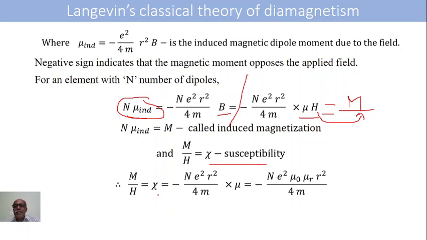Therefore, susceptibility chi is equal to M by H, that is equal to minus n e square r square by 4m multiplied by mu, or that will be equal to minus n e square mu naught mu r r square by 4m, where mu is equal to mu naught into mu r. This is the permeability of a medium, mu naught is the permeability of free space, and mu r is the relative permeability.